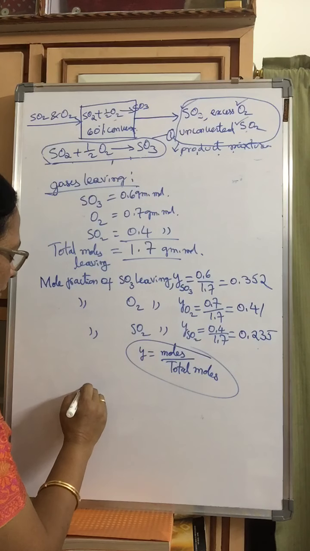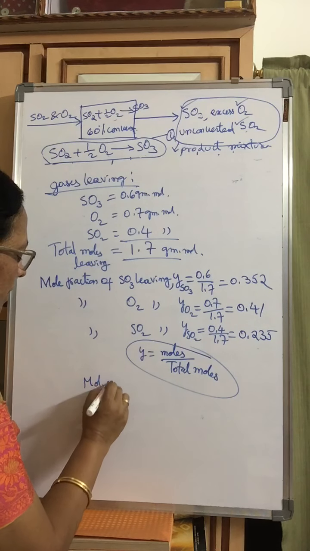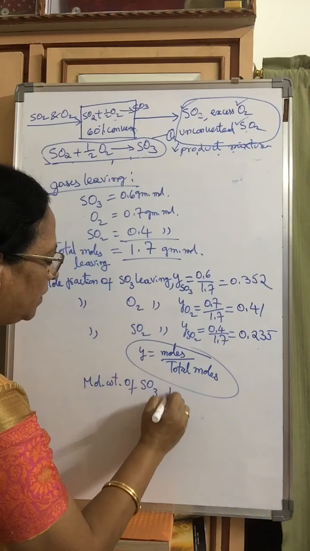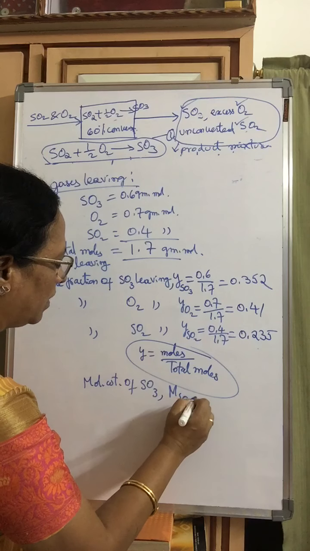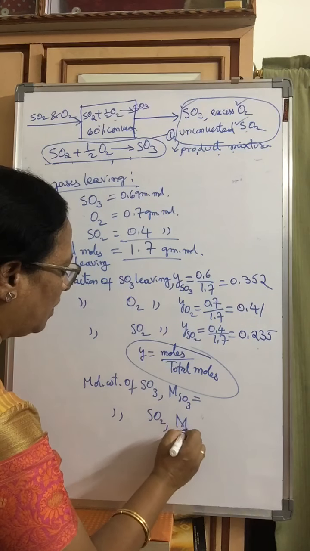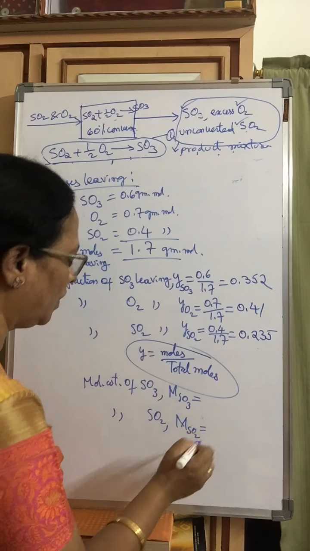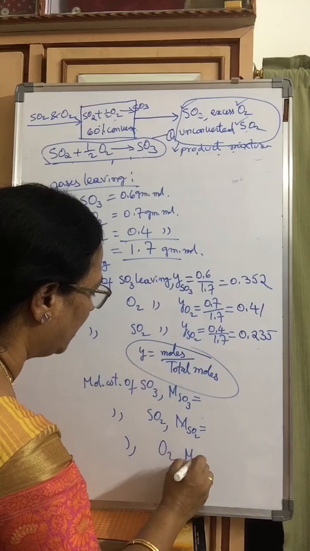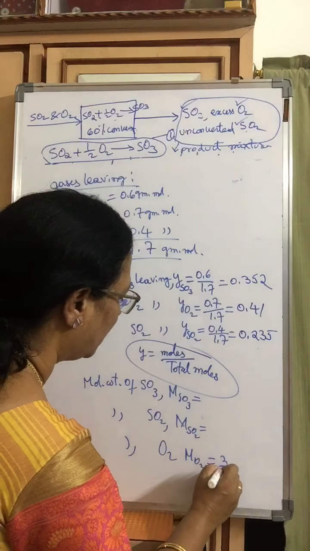Then molecular weights. Molecular weight of SO3, MSO3, is 80; molecular weight of SO2, MSO2, is 64; and molecular weight of oxygen, M oxygen, is 32.